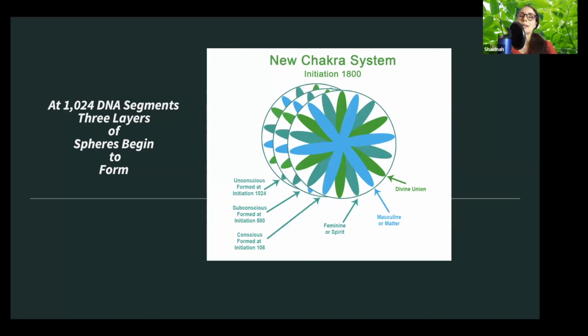We can also see that each of the petals of the flower represent something a little different. One petal represents feminine or spirit. The other petal represents masculine or matter. And the third petal represents divine union.